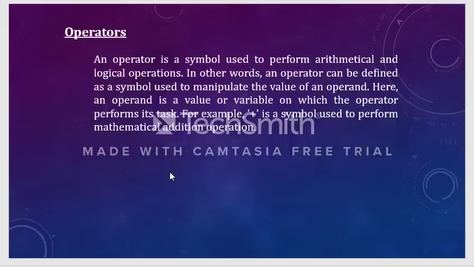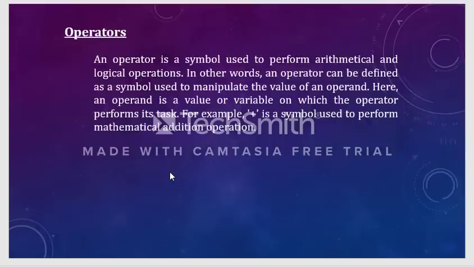An operand is a value or a variable on which the operator performs its task. By the definition, an operator is a symbol used to perform the operation on the operands.